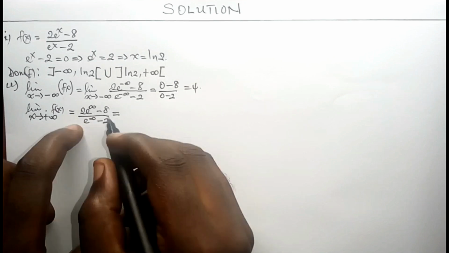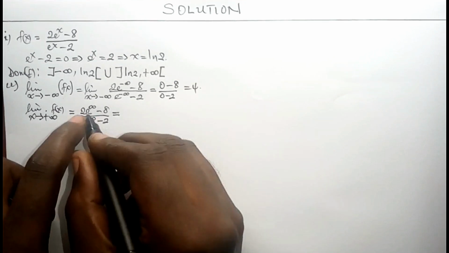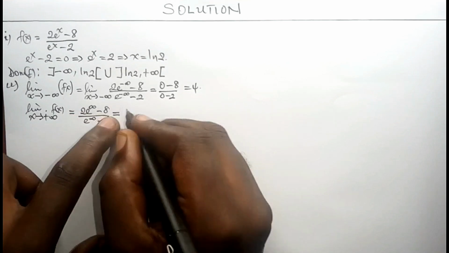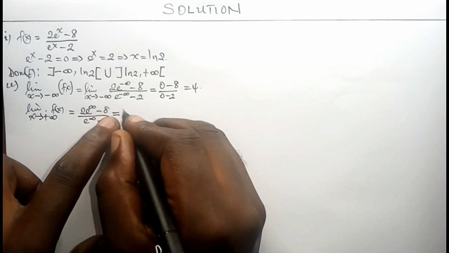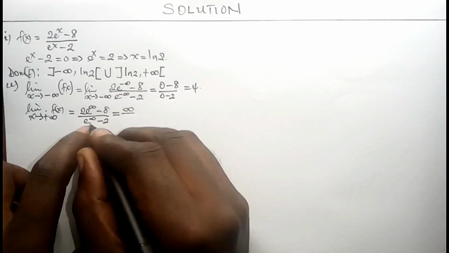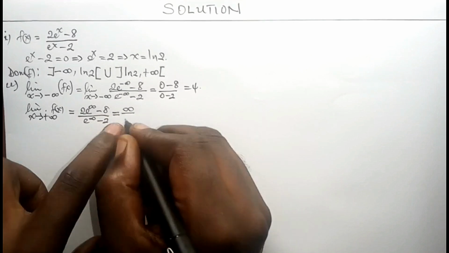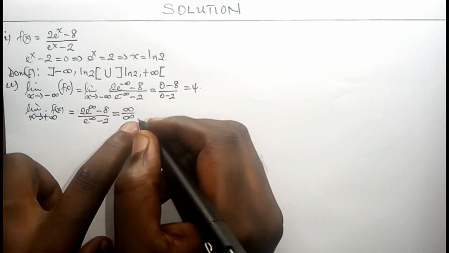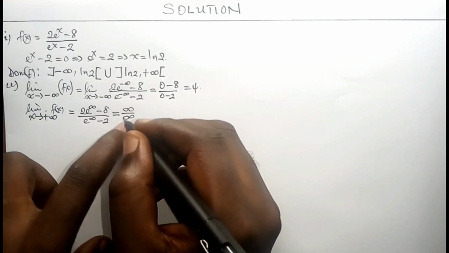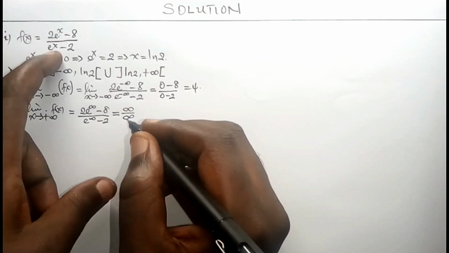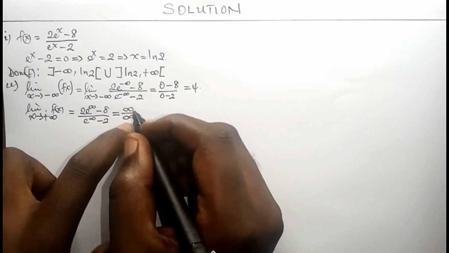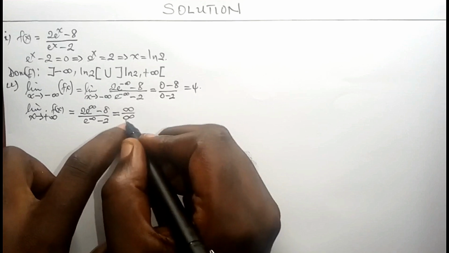If you evaluate this, you see that this is a very large number, minus 8 will still remain very large, so I have infinity over the same thing, very large minus 2 still remains very large, and that tells you that it is indeterminate. When you're dealing with a rational function and the limit is indeterminate, it's simply because infinity over infinity, you can't determine it.